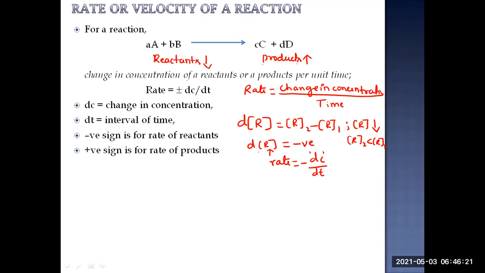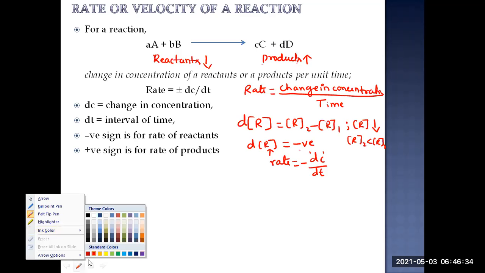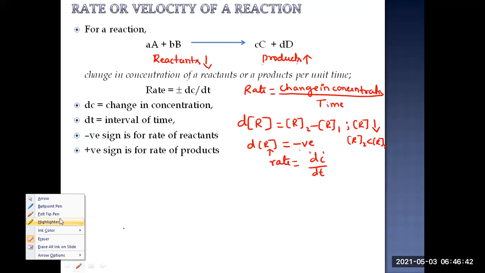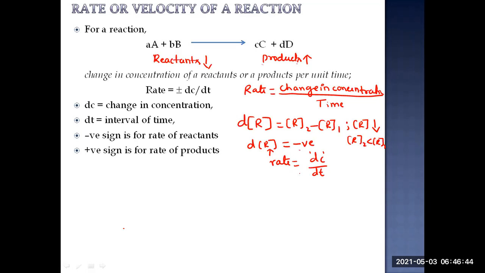Now, dc for reactant is negative, as we have just found. So if I keep only dc by dt, what would happen? I'll just remove that minus sign. If I remove that minus sign, what would happen to the mathematical rate expression? Rate is equal to just dc by dt.